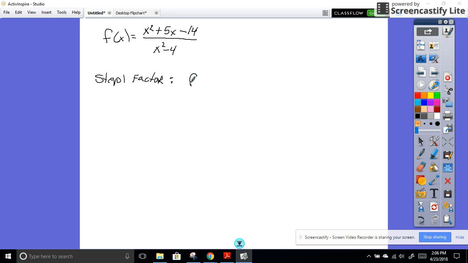So f of x becomes x plus 7 times x minus 2 in the numerator, and the denominator is x plus 2 times x minus 2.